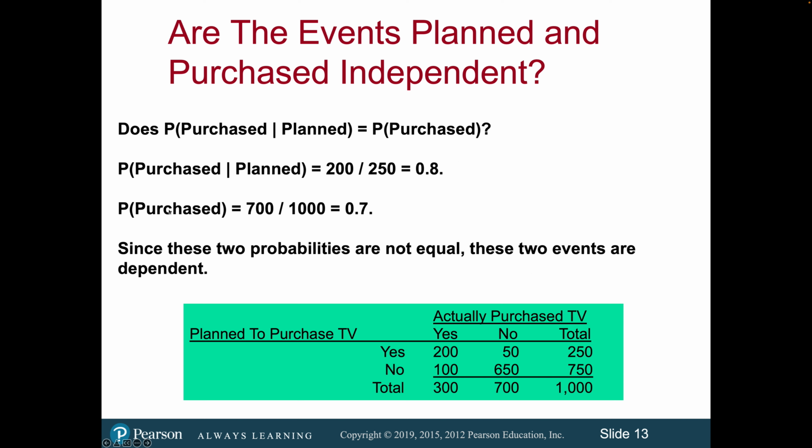This would be the probability of not purchased. So the probability of purchased would be 300 out of 1,000. So there's a typo there. I didn't create this, so we'll blame someone else. So anyway, the two probabilities are not equal. So these events are not independent, so they are dependent.